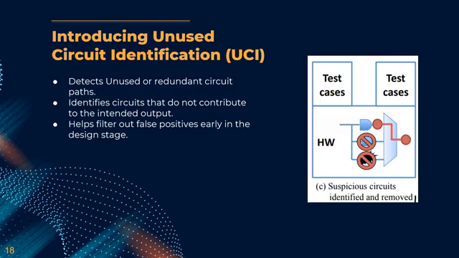If no one is supposed to be in those rooms, why are the lights on? UCI flags circuits that do not contribute to the expected output, helping us identify suspicious areas early. This process reduces likelihood of false positives by eliminating benign, unused components and narrowing down the focus to circuits that could potentially house threats.